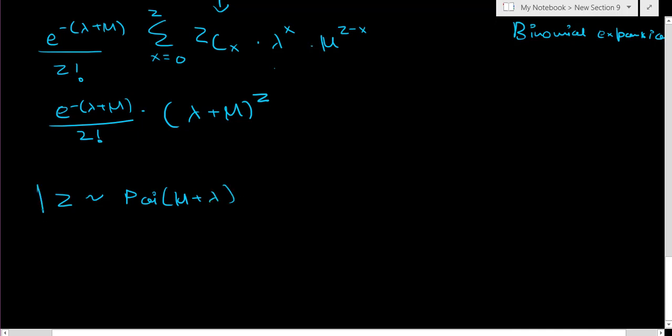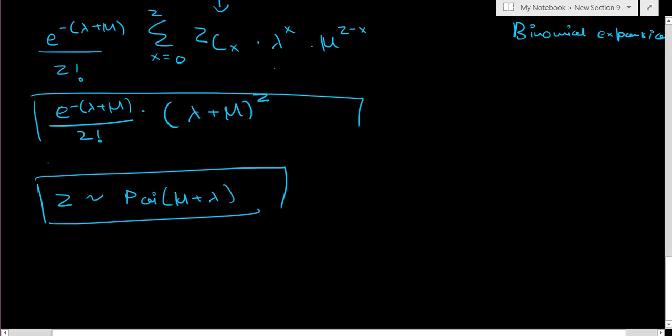That is what z follows, and this is your probability function for z, which I found by multiplying the marginal probability functions of x and y and adding them up over all the values of x. So this is your discrete case.